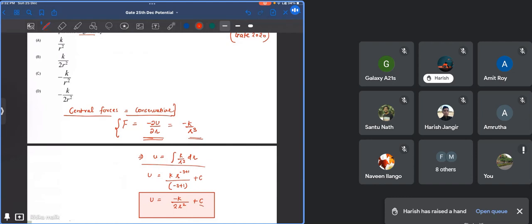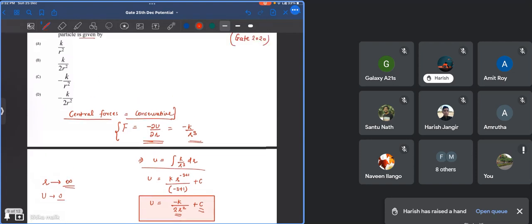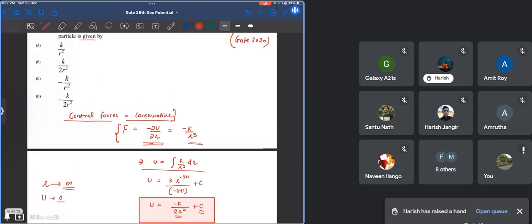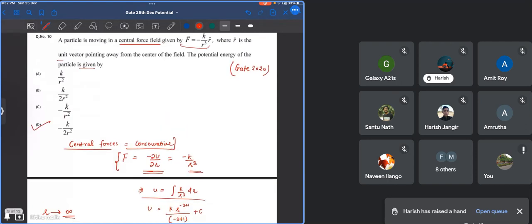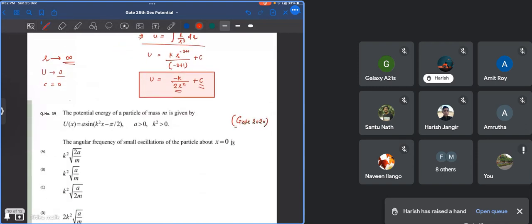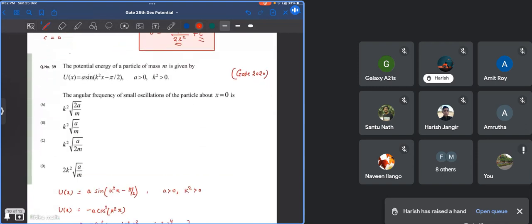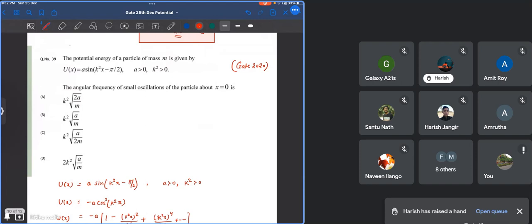You can find this constant by the condition that as r tends to infinity, your potential energy will become zero, since this term is going to dominate. So from that you can find that C is going to be zero. So this will give you the potential energy. And that was a question from GATE 2020 itself.